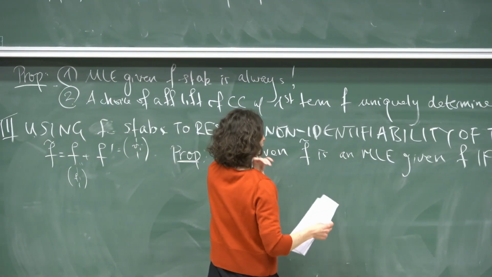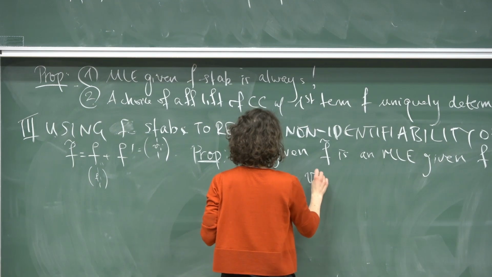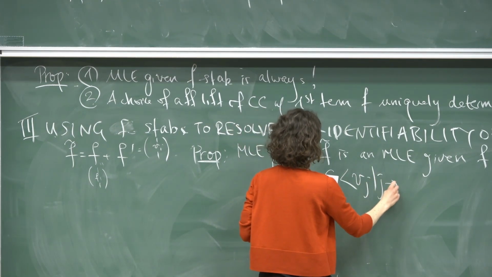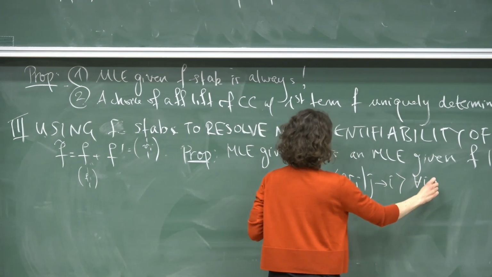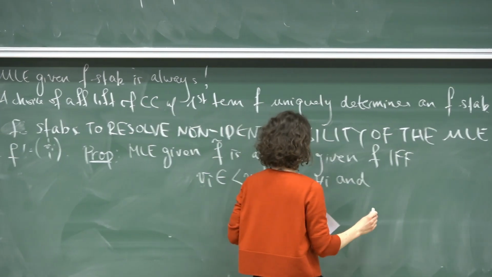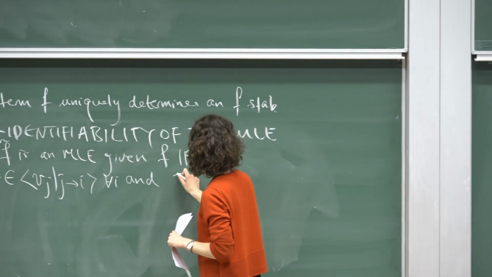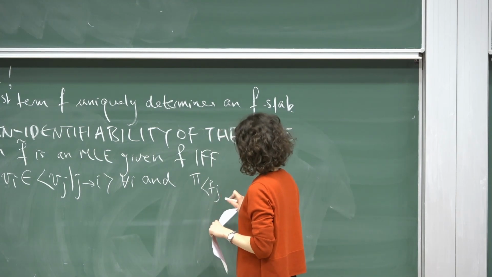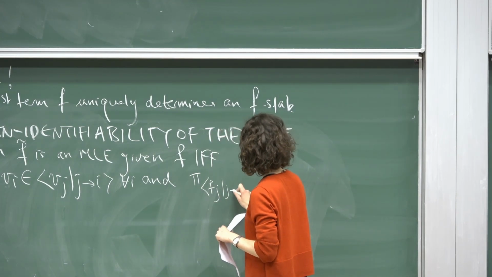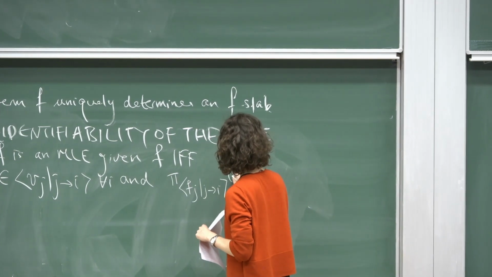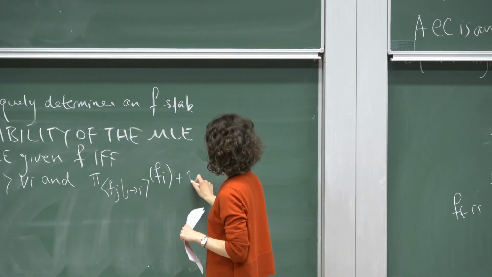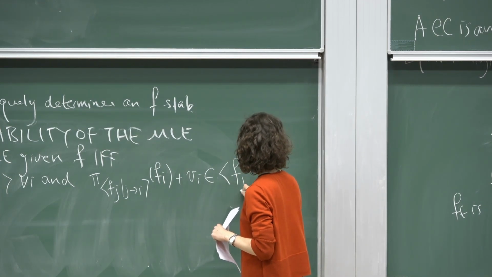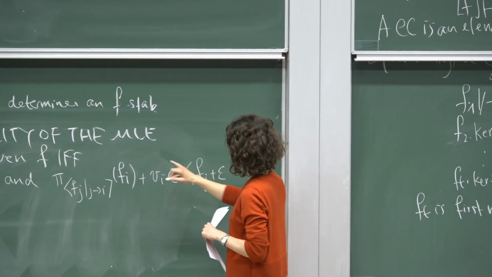this is true if and only if Vi lies in the span of the columns indexed by parents for every i, and the second condition is that if I look at the projection of Fi onto the parent columns of Fj, and I add Vi, I want that to lie in the span of the parent columns of F tilde.